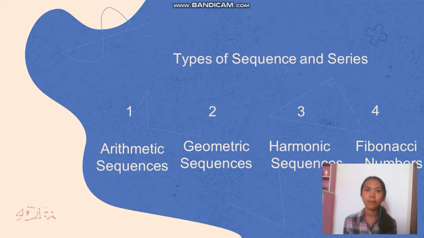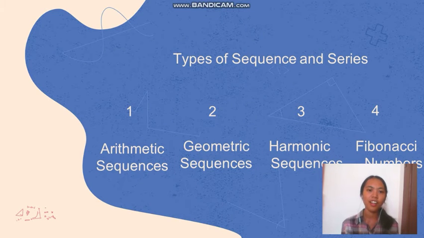Next is the types of sequence and series. There are 4 types of sequence and series. The first one is arithmetic sequences. It is a sequence in which every term is created by adding or subtracting a definite number to the preceding number. The second one is the geometric sequences.